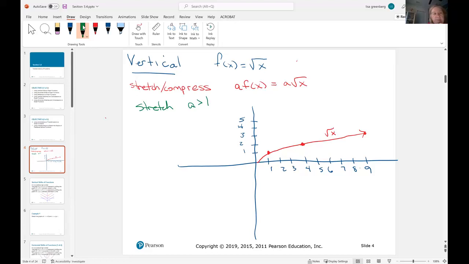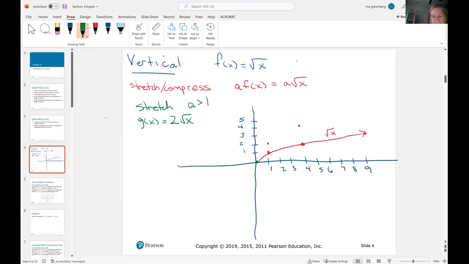So if I picked a value where a is greater than 1, then let's pick a equals 2. So now I want to graph g of x, so we don't get it confused. I'll graph g of x is equal to 2 times the square root of x. So now when I graph this, every value of x is going to stay the same, right? So when x is 1, the square root of x is still 1, but now notice I'm multiplying by 2. So it's going to go up to 2. And then still the square root of 4 is 2, but now it's times 2. So that's going to 4.